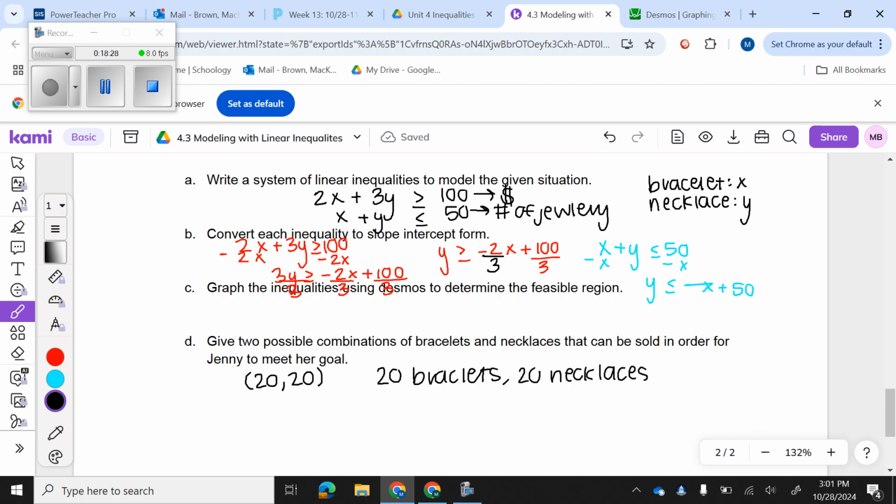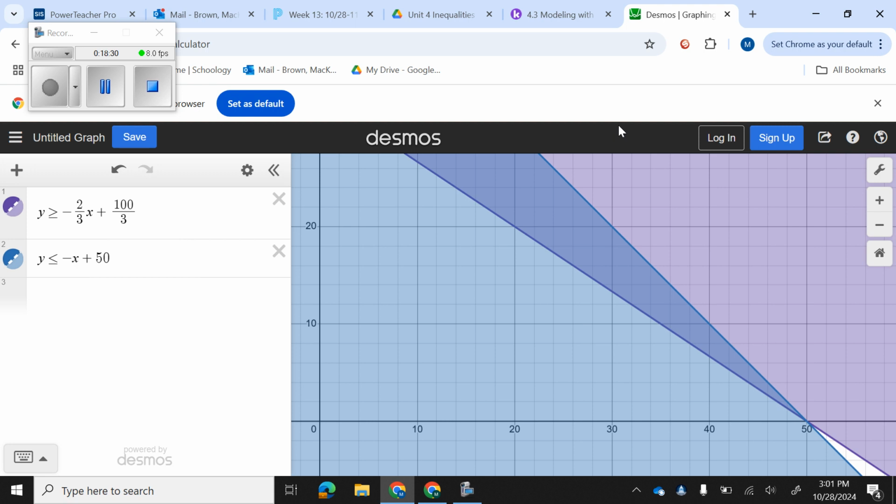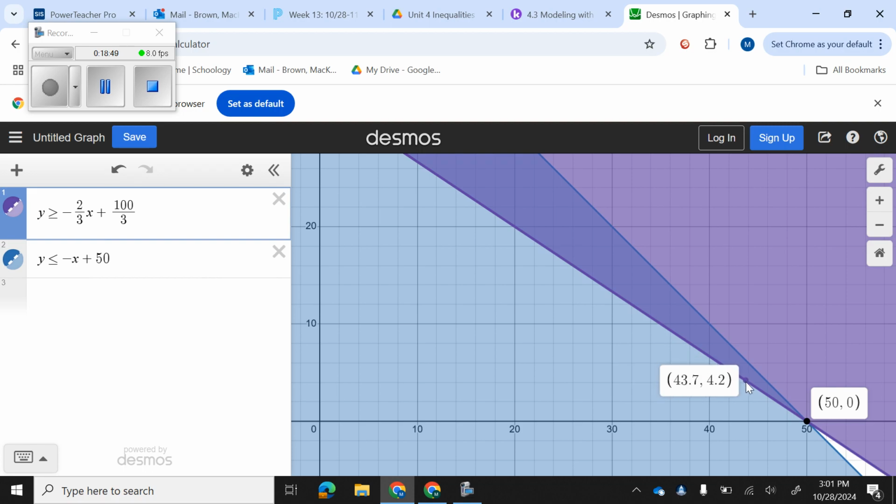And I'm going to find one other point in this feasible region. Let's go down here. I want to do 40, I think this would be 42, to 4. Oh, maybe it'll let me find it. Oh, I just saw a point.